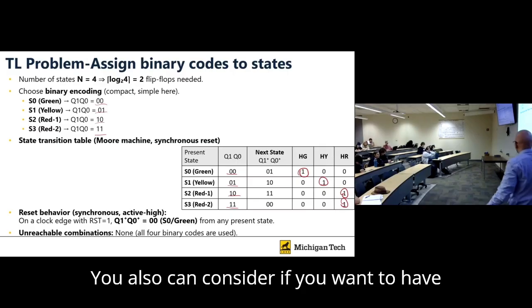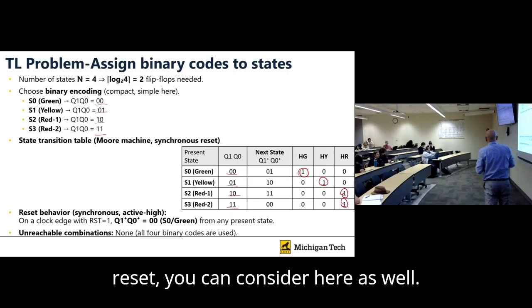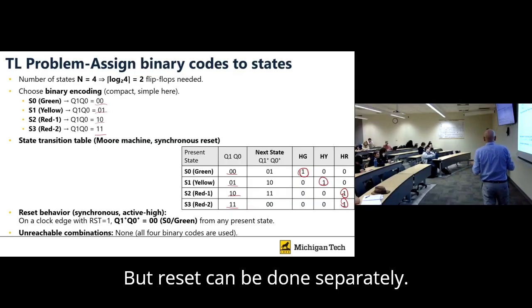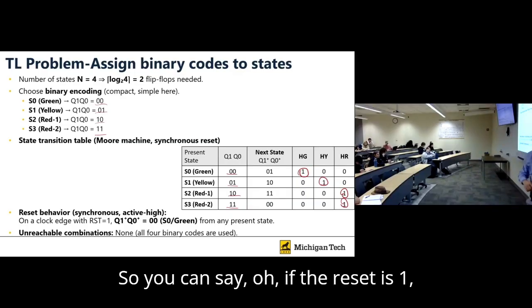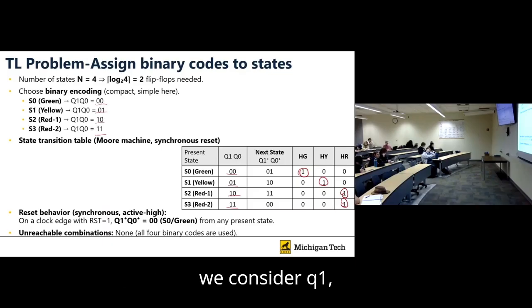If you want to have a reset, you can consider it here as well, but reset can be done separately. You can say if the reset is 1, we consider Q1 plus and Q0 plus equal to 00 also.